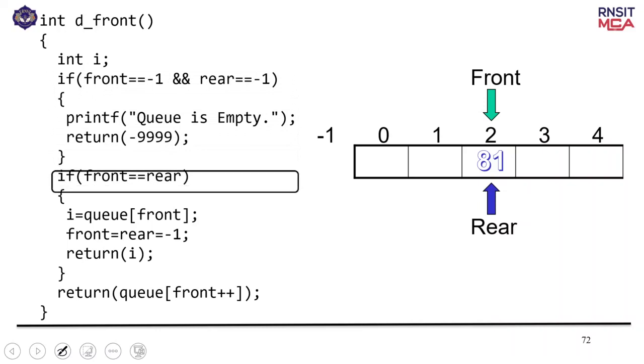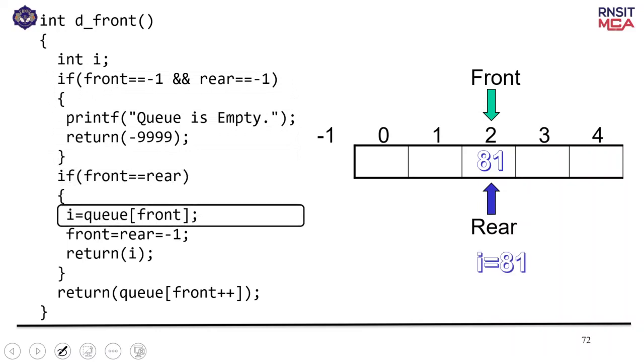Yes. In such cases, you store the Q of front in a variable I. So you see I is 81. Then what you do? Front and rear, you move to -1, because this is the only element you have in the queue. Once this element is also deleted, it is definitely an empty condition.